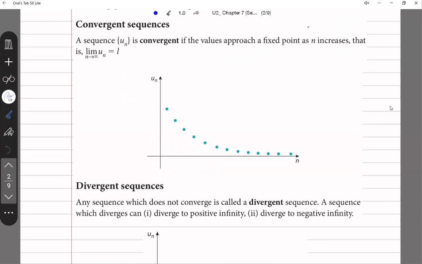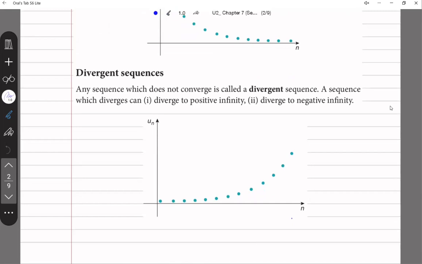A sequence is convergent if the values approach a fixed point as n increases. That is, if the limit of u_n as n approaches infinity is a value, we say that that sequence is a convergent sequence.